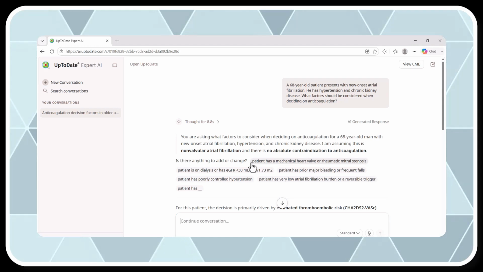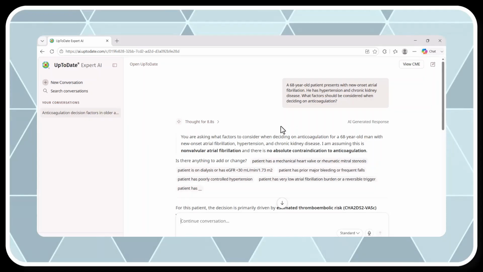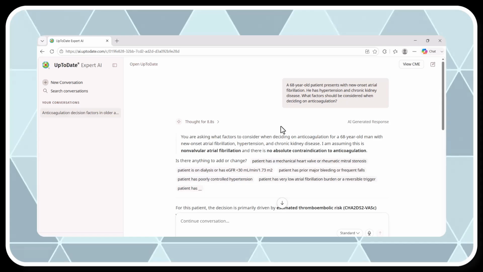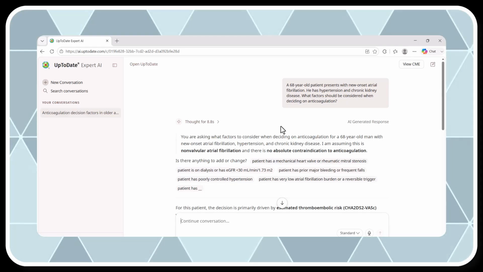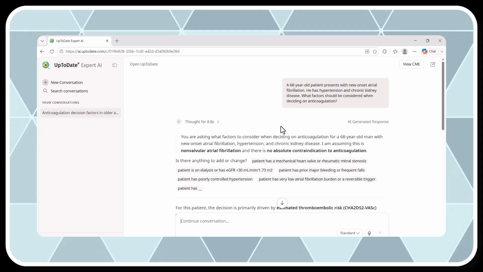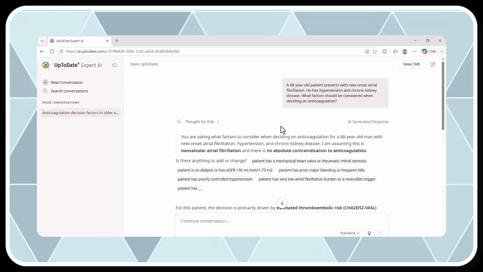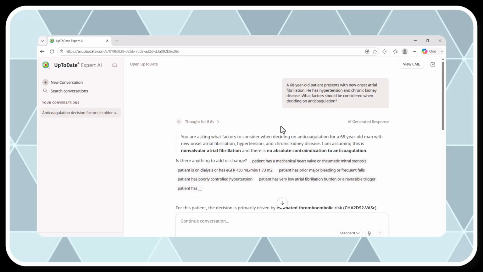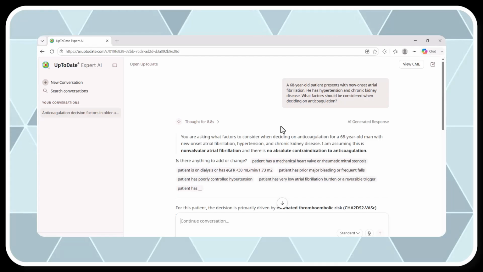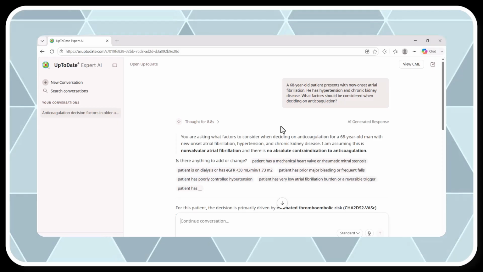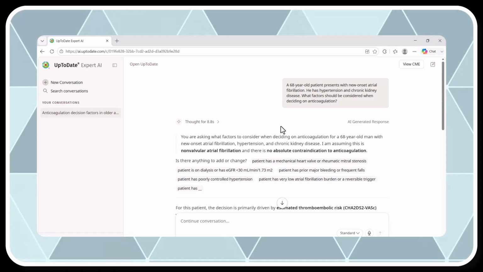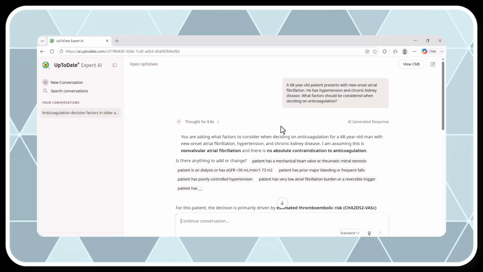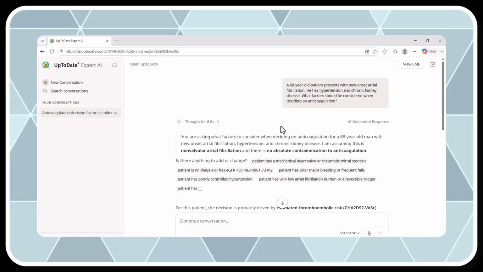Like the patient has a mechanical heart valve or rheumatic mitral stenosis, or the patient is on dialysis or has eGFR less than 30 ml per minute, or the patient has prior major bleeding or frequent falls. The patient has poorly controlled hypertension, or the patient has very low atrial fibrillation burden or a reversible trigger.